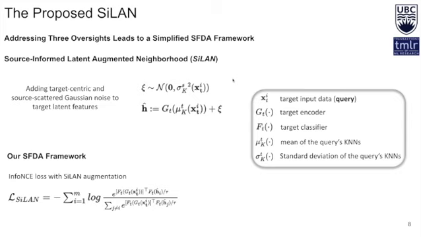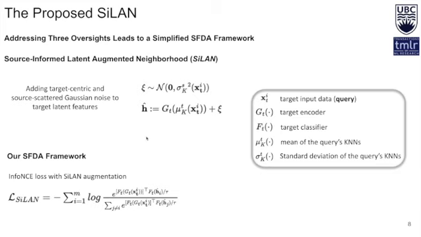For the source-informed KNNs, we use the standard deviations to parameterize zero-mean Gaussians, and we sample noise from this Gaussian and add this noise to the latent features of the mean of the KNNs from the target model of the target query samples.